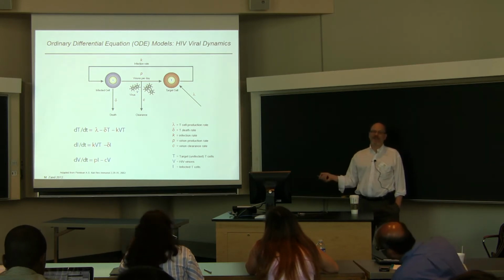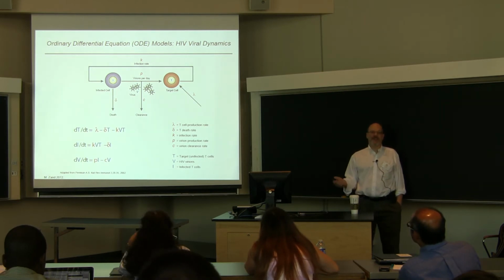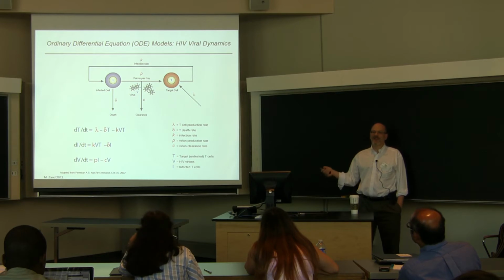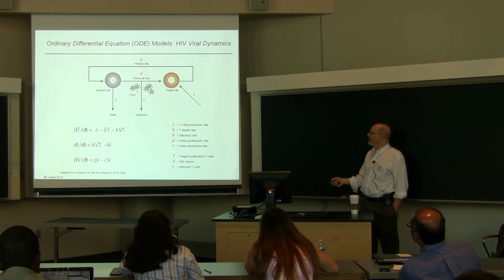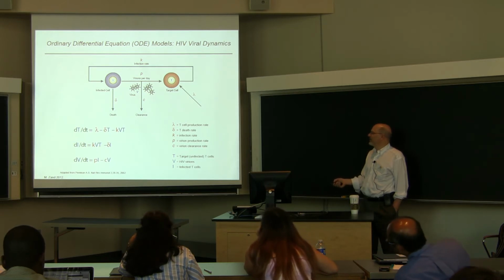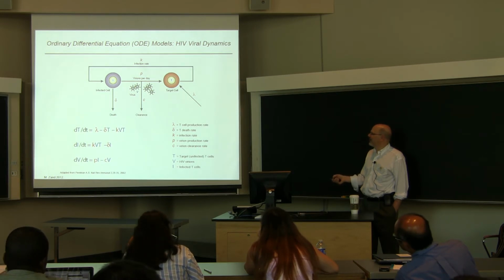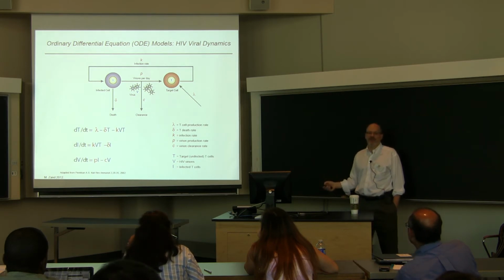Okay, so in a differential equation, when you write one like this, it means that those 2 variables are combined in that particular expression. And you can write these equations for the virus production rate and the infected cell production rate. And they all have death terms. And one of the things that you'll notice is, so here's the infected T cell rate, and you'll notice that this term here, which is you're subtracting from the uninfected cells the number of infected cells, shows up as a positive term here. Okay, very, very common for differential equation models.